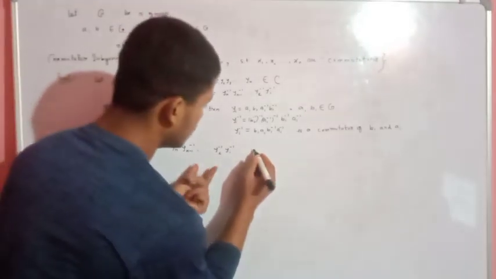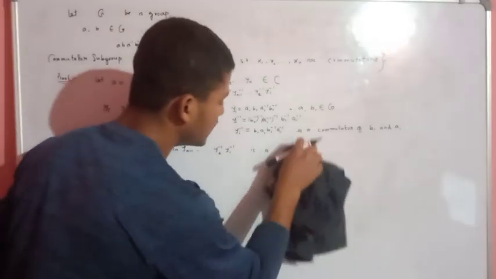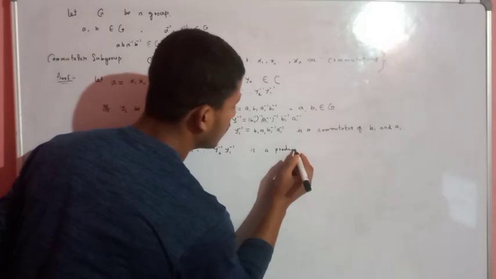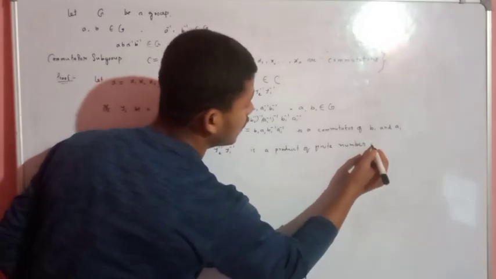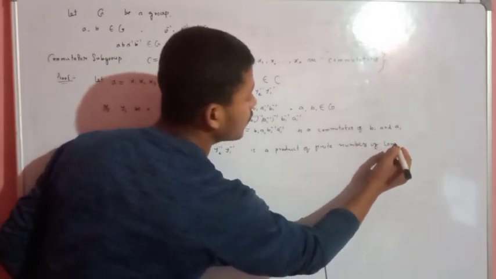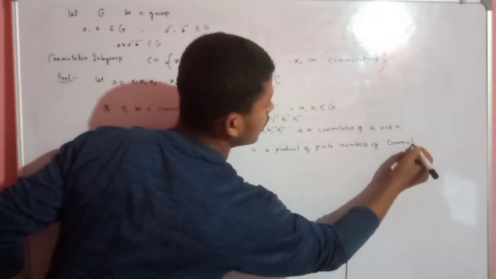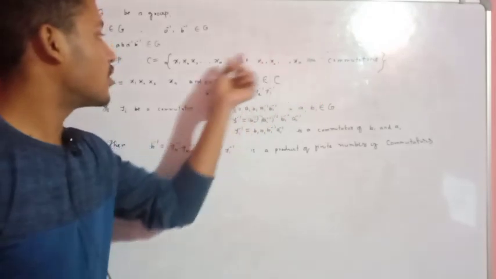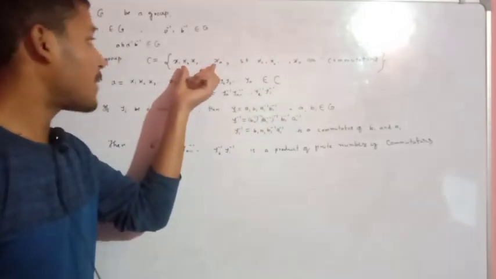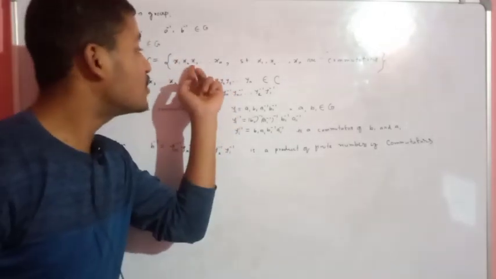So this is a product of a finite number of commutators. A product of finitely many commutators is also a commutator according to this definition.